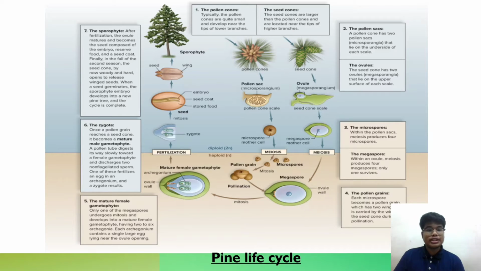The zygote will mature and become the seed, composed of an embryo, food supply and a seed coat. Finally, in the fall of the second season, the seed cones, by now woody and hard, open to release winged seeds. When the seed germinates, the sporophyte embryo develops into a new pine tree, and the pine life cycle is complete.